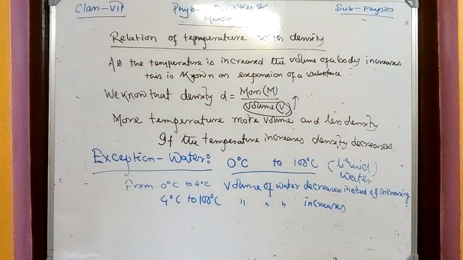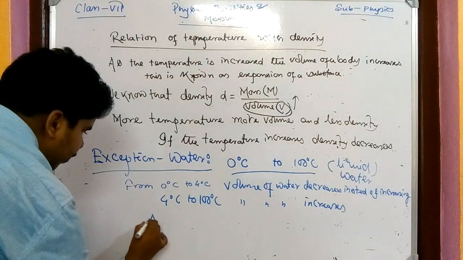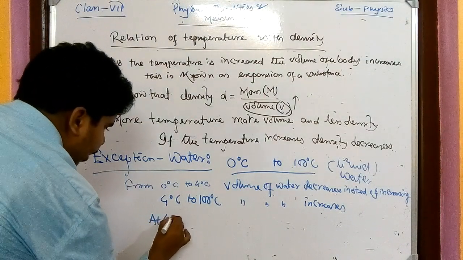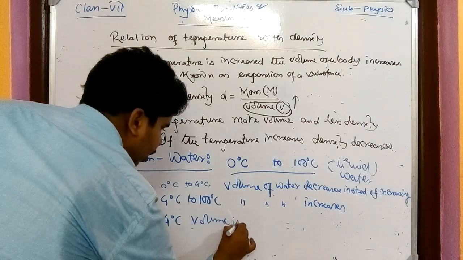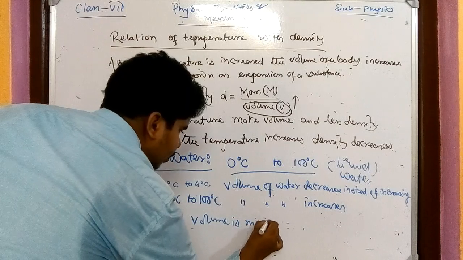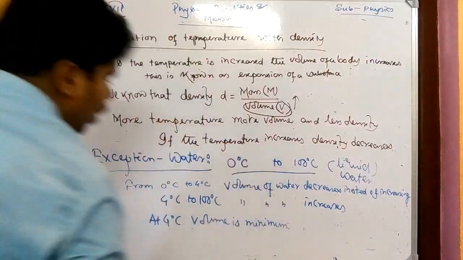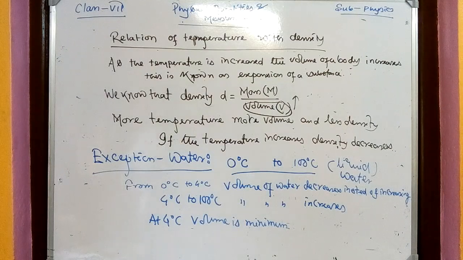From 4 degree centigrade to 100 degree centigrade, there is no problem. But from 0 to 4, instead of increasing, it is decreasing. And at 4 degree centigrade, volume is minimum. Now, what does it justify?